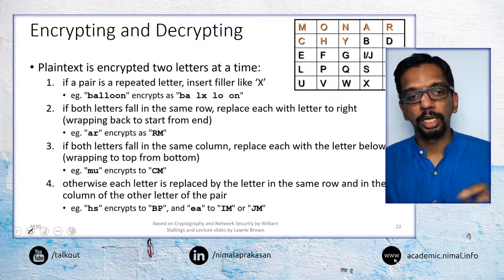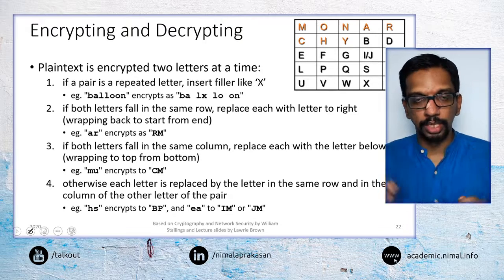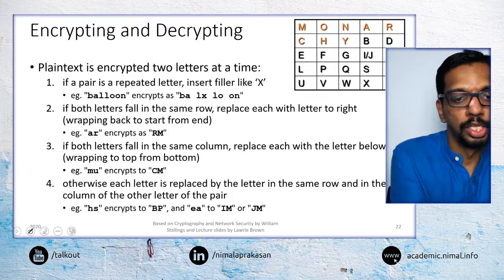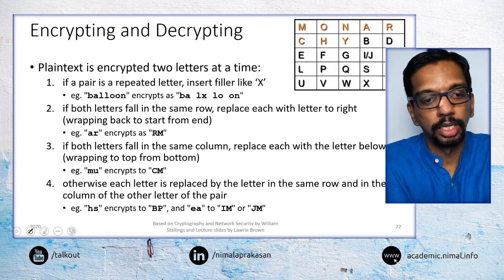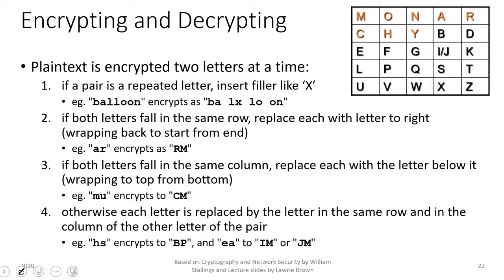To do that, we start by taking a plain text word that we need to encrypt. Here we are considering the word balloon. We will split that into two-letter pairs.